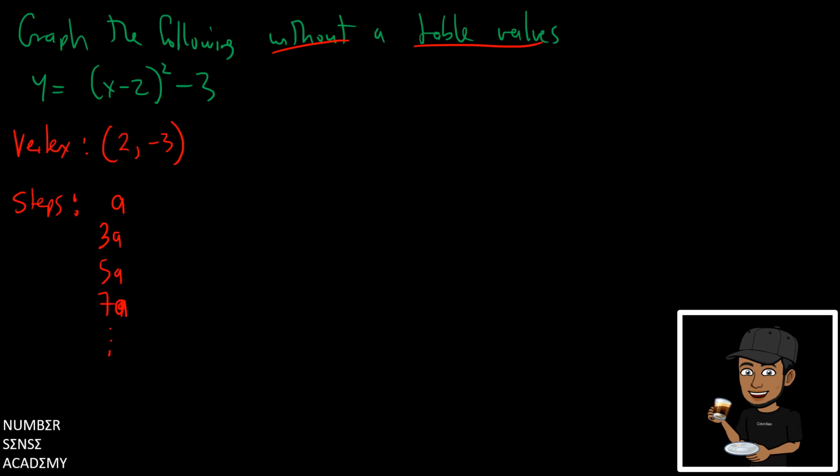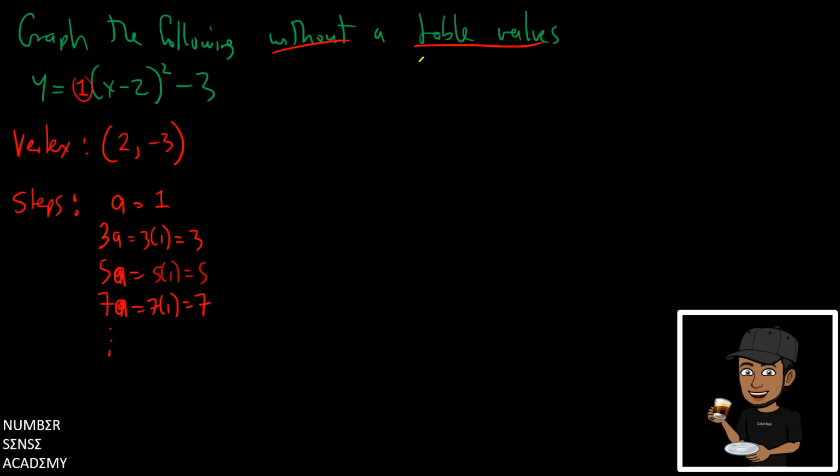You don't need a whole ton of values, you just need some. In this case, the value in front is not a 0, there's a 1 here, so a is 1. Then the next step is 3 times 1, which is 3. Then the next step is 5 times 1, which is 5. And the next step is 7 times 1, which is 7. We'll show you how this works on the graph in a second.